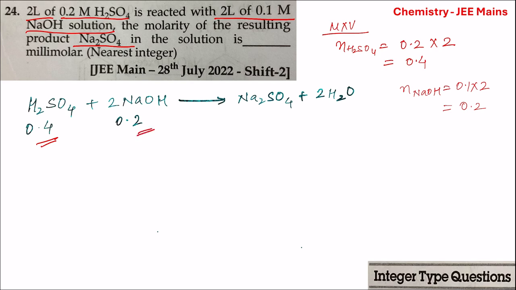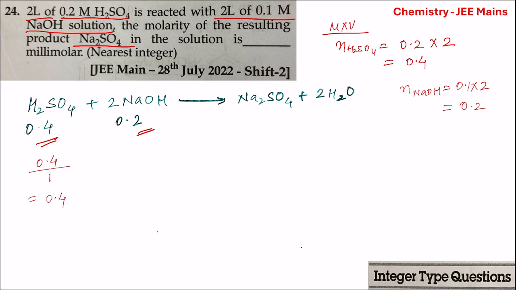Now to find the amount of Na2SO4 formed, first of all identify the limiting reagent. To identify the limiting reagent, divide the number of moles by stoichiometric coefficient. So number of moles of H2SO4 is 0.4 divided by its stoichiometric coefficient 1, and this is equal to 0.4.